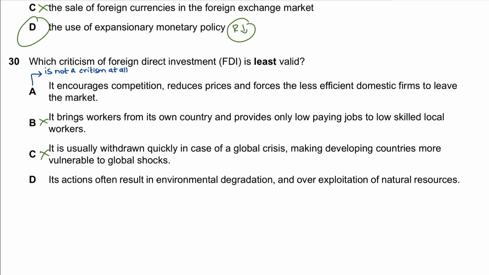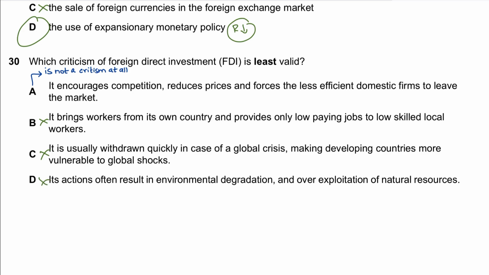So developing countries are exposed to these international economic shocks, and hence FDI might be withdrawn from there. This is again a valid criticism. It makes these developing countries very vulnerable. So it's a valid criticism, right? So this is not the right answer.